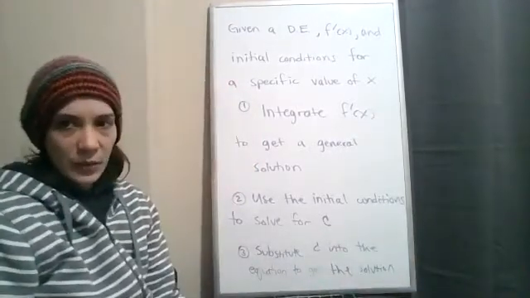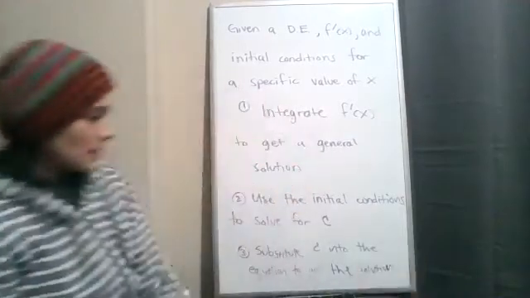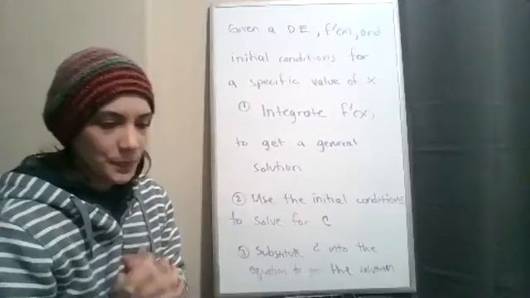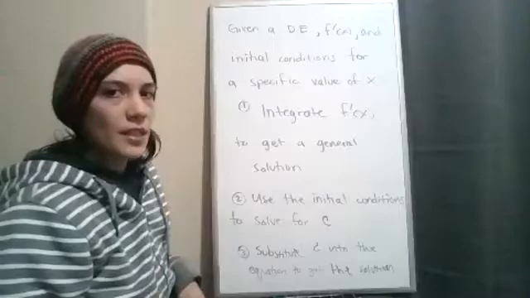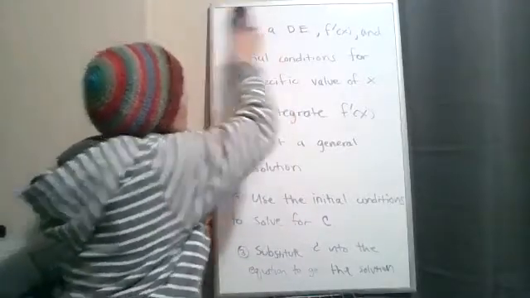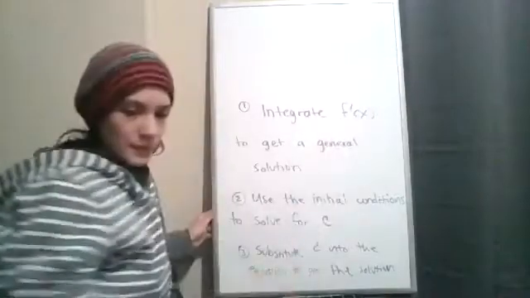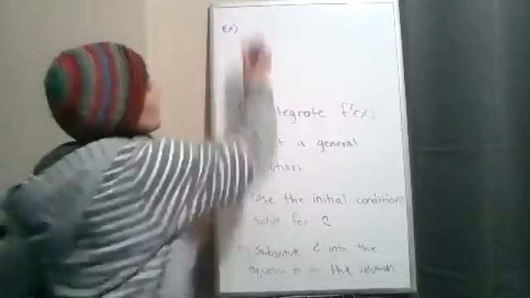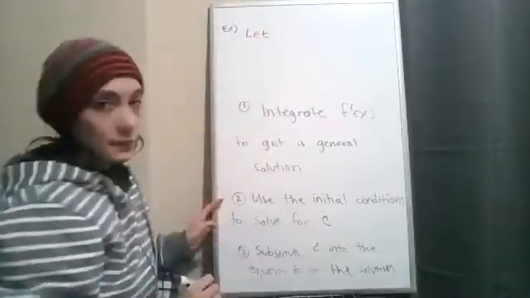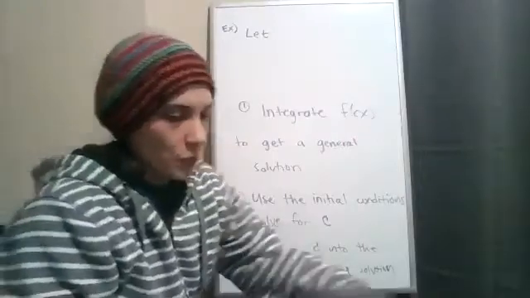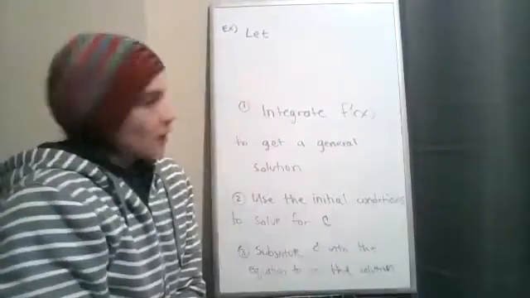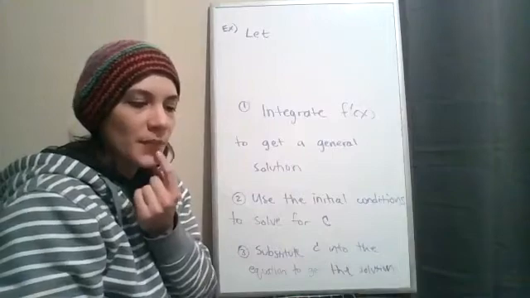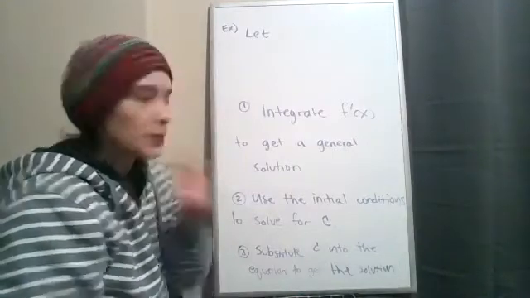Okay, got one example for now. And I don't know, maybe we'll have time to do another example. So our differential equation: we'll let f prime of x equal 2x minus 2.